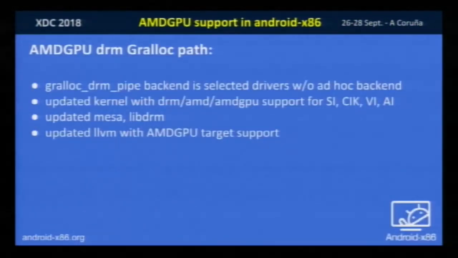So, in order to bring up the android-x86 GUI on AMD GPU, the gralloc DRM pipe backend is selected, and the driver stack was updated, and tested with Southern Islands, Sea Islands, Volcanic Islands, and Arctic Islands.